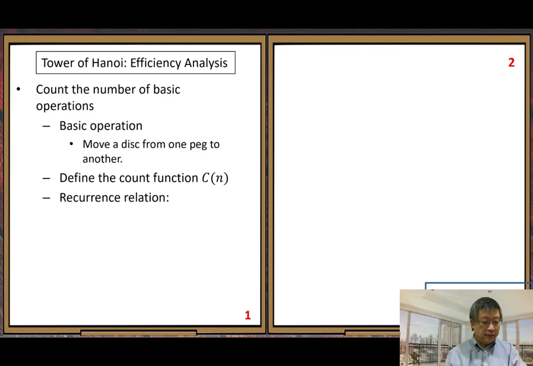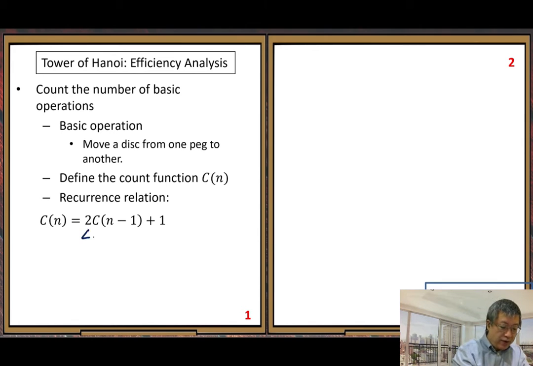All right. Let us derive the recurrence relation. C of n equals, so how do we represent C of n? It is this, because we need to solve the problem of n-1 disks twice. So then we need to use C of n-1 twice, 2 times.